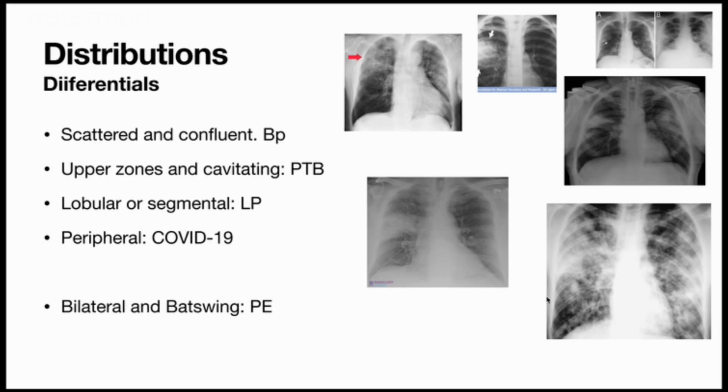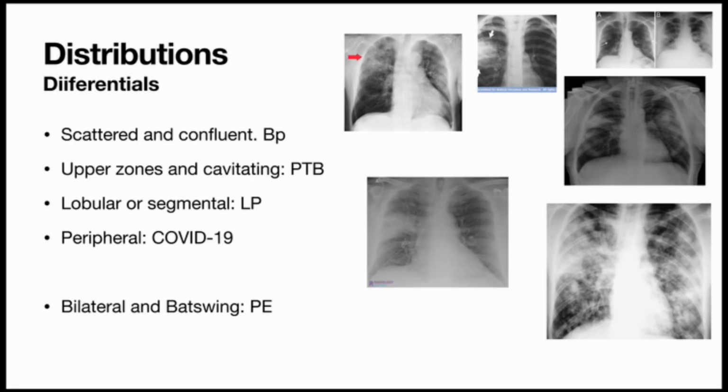On the other hand, it may also describe what we call a bat wing, mainly affecting the mid zones and sparing the apices and the bases, a condition where we say it's a bat wing appearance and may be seen in pulmonary embolus. So, in a nutshell, the distribution tells us exactly what we are dealing with.